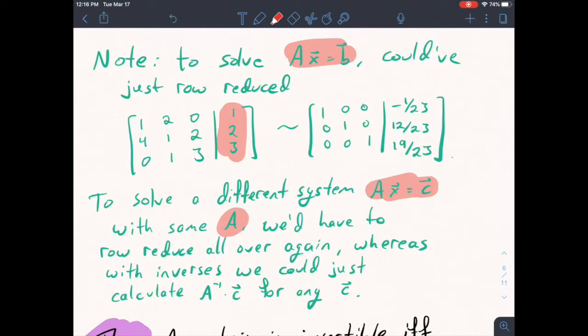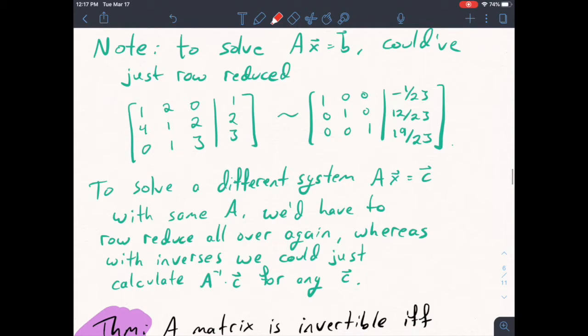And to figure out what the solution to that is, I would have to row reduce all over from scratch again. And if I had to do this 5 different times, I'd have to row reduce the same matrix 5 different times. And that would, quite frankly, be really annoying.